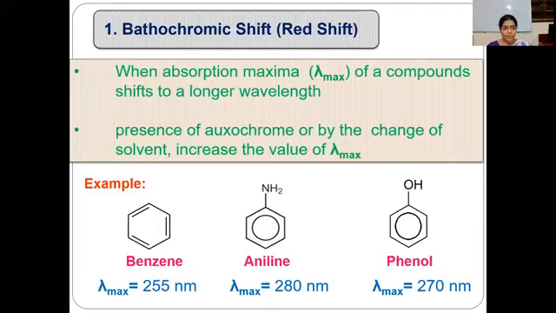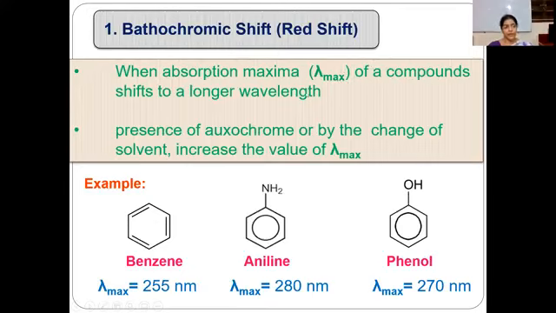Since in the visible region, red color is present at the higher side of the wavelength, that's why it is known as red shift. The reason of shifting towards the longer wavelength can be the presence of any oxochromic group or by changing the solvent.